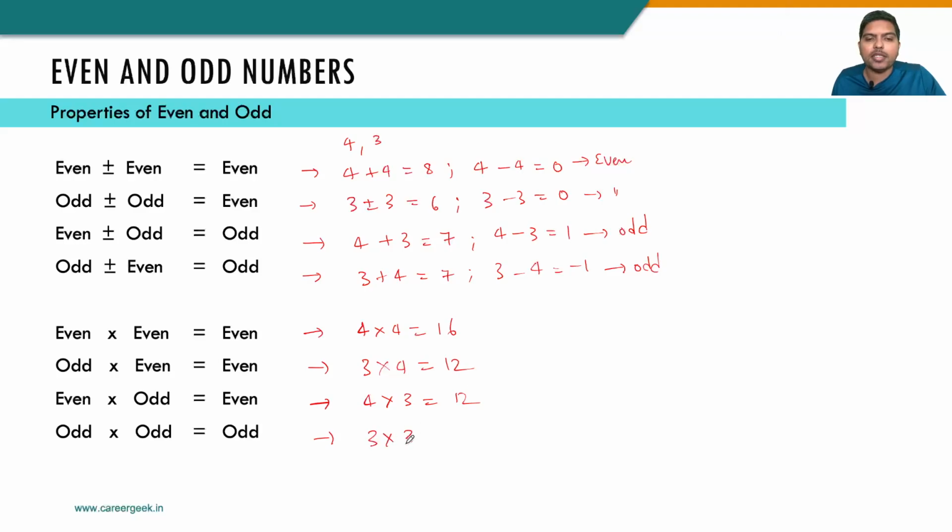Except for odd into odd, the rest everything will be even. So you'll get odd only when every multiplier is odd. In all the rest of the cases you will get an even number for sure. This is for the multiplication. You might want to take a note of this.